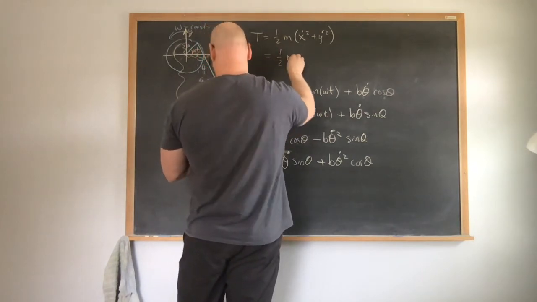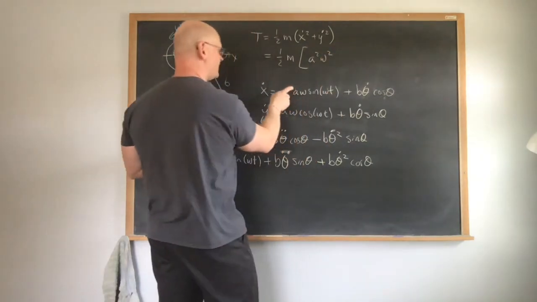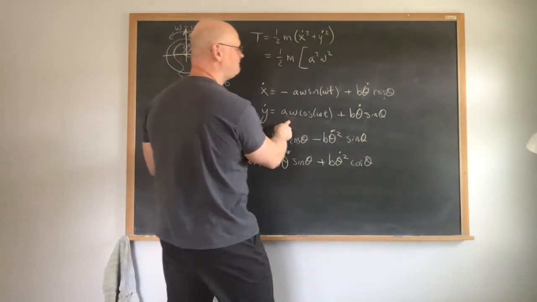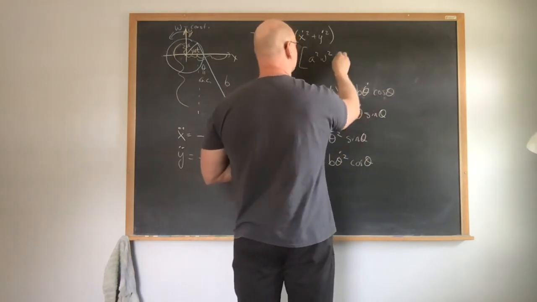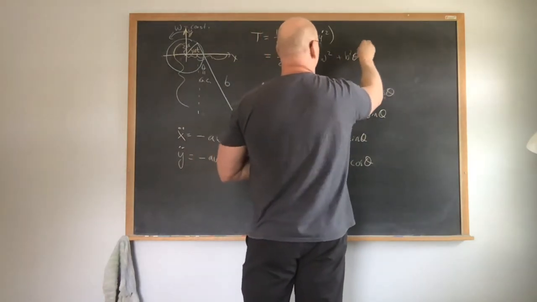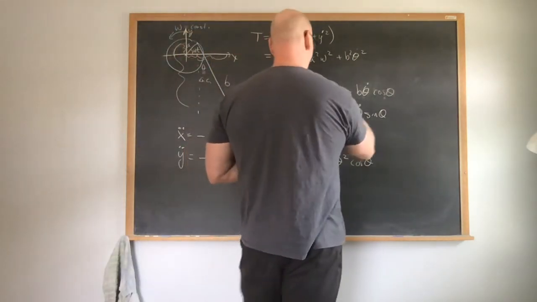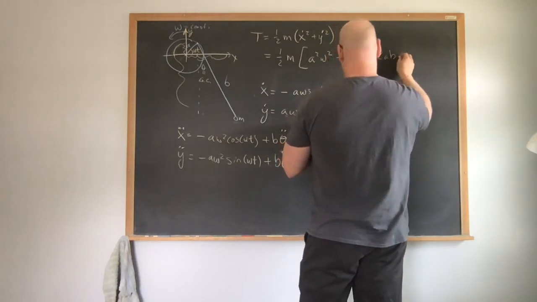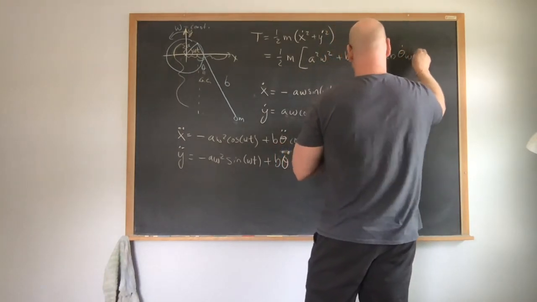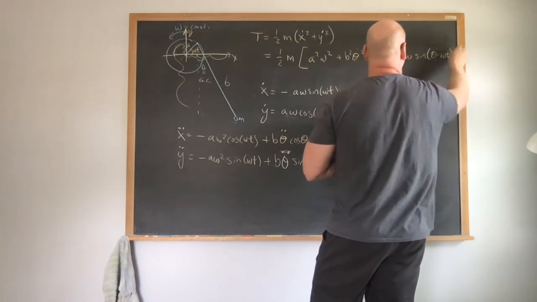So 1/2 m times a squared omega squared, so that's by squaring this one and adding to the square of this one. This one squared with this one squared, so again that's going to be 1, so it's going to give me a plus b squared times theta dot squared. Now we have the cross terms to worry about, so then we get a plus 2ab times theta dot times omega times sine of theta minus omega t.